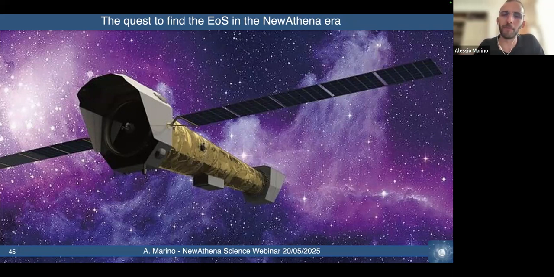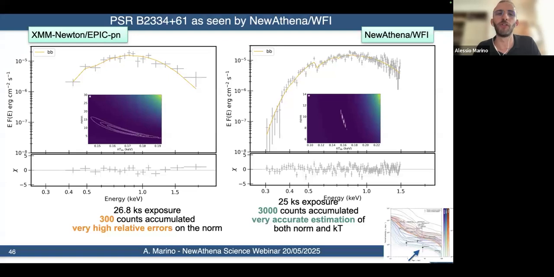Let's take a look, for example, at what the WFI on board NewAthena would do. For PSRB-234, which was one of the sources that I showed you, the faintest pulsar. Now, in our work, we have included an XMM-Newton observation, which was 27 kilosecond exposure and just accumulated about 300 counts.